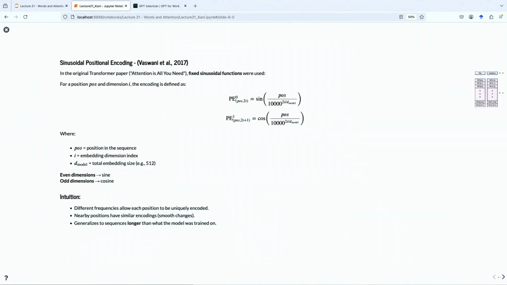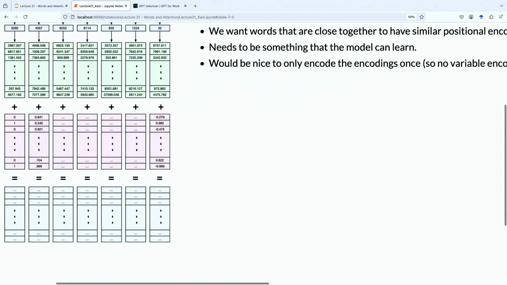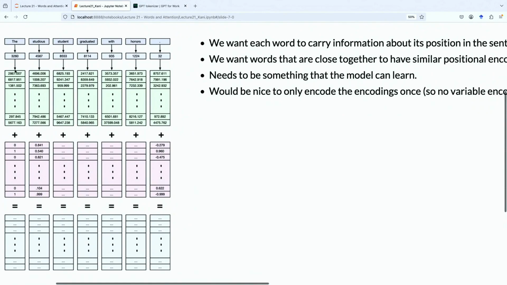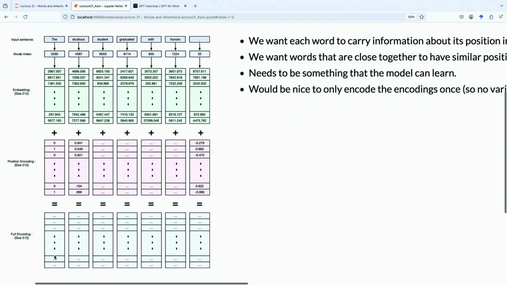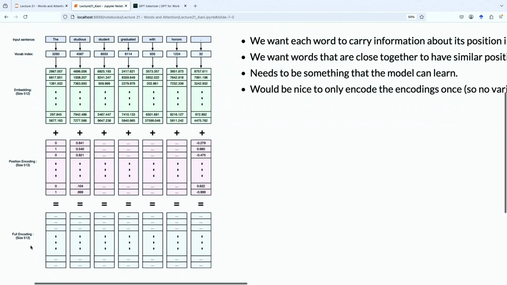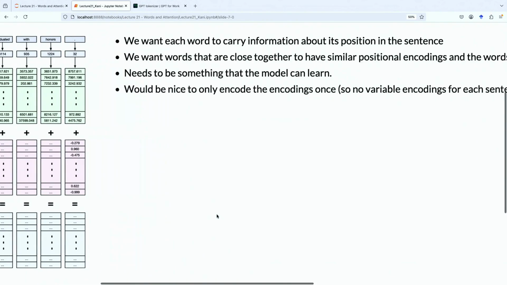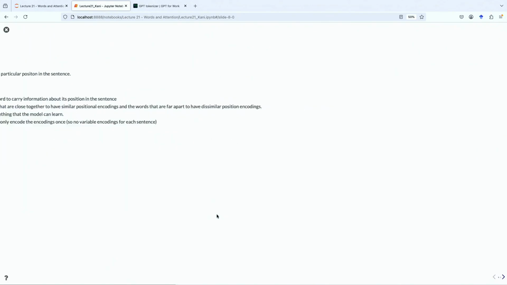But what's most important is that you remember you go from word to tokenization to embedding. You add the positional encoding to that embedding, and then you're finally left with the input vector to the model. Okay? It's a whole thing. But this matrix right here, basically the d_model size times the number of tokens in the sequence, that is the input to the transformer model.